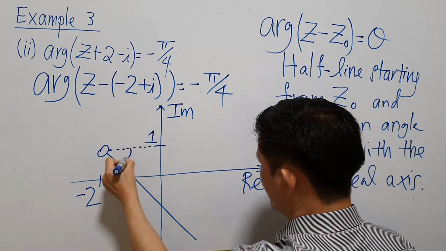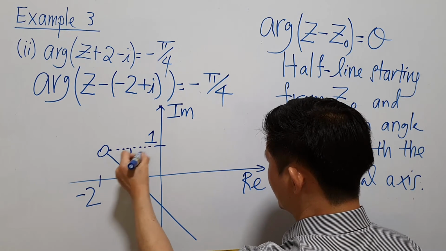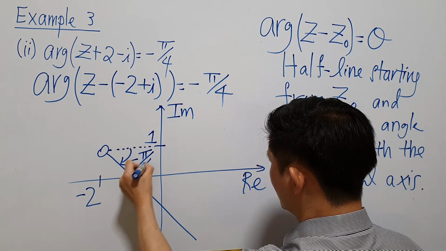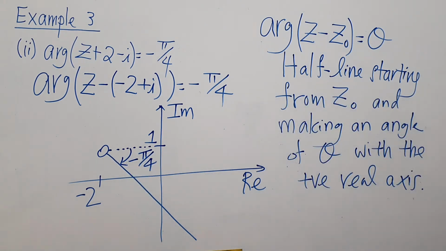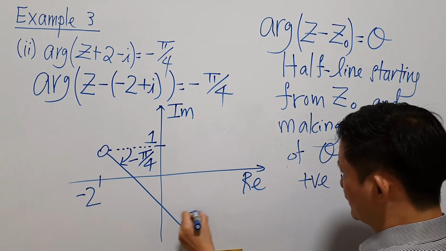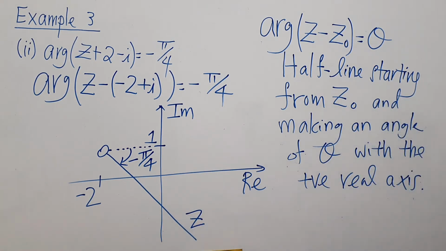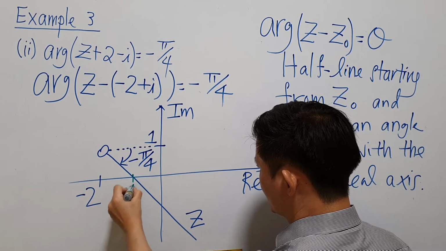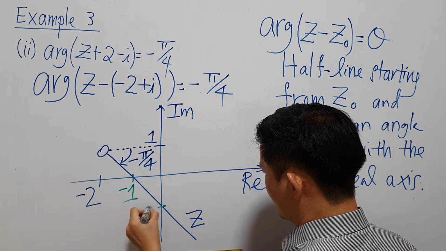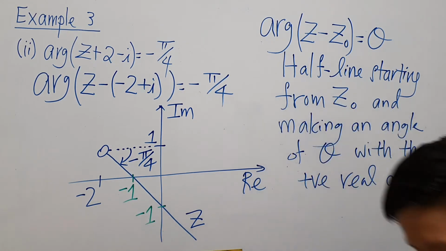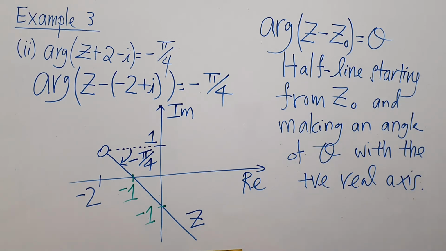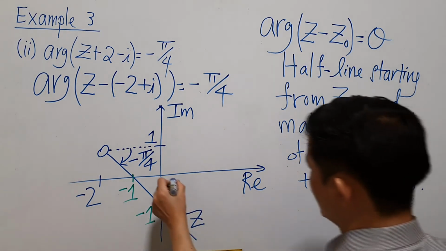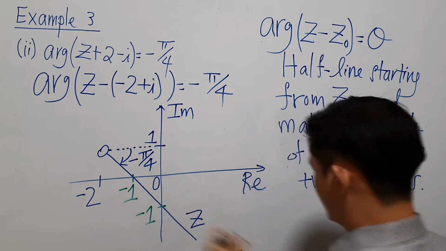You have to show that this angle is minus pi over 4. And then you can mark this as your z. For this particular question, it is not too hard to deduce that this has to be minus 1 and this also has to be minus 1. And it's good to always put this as your origin O.